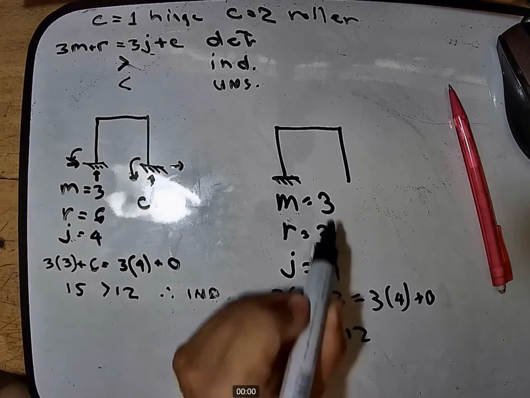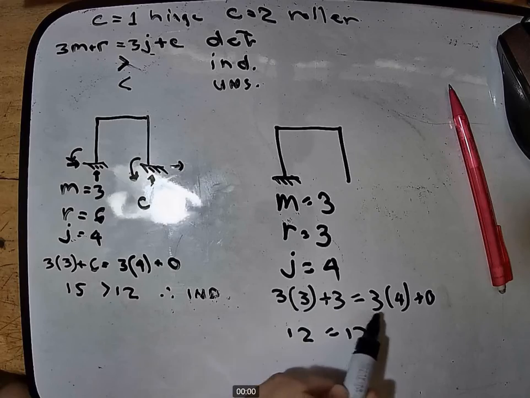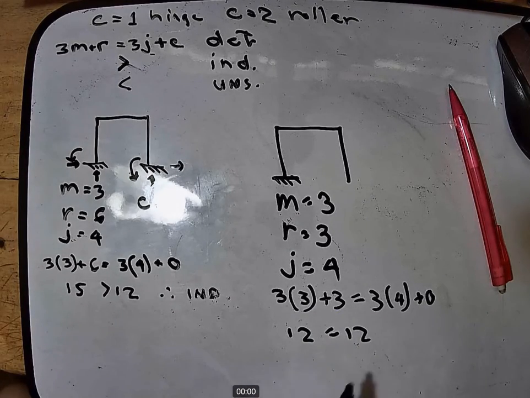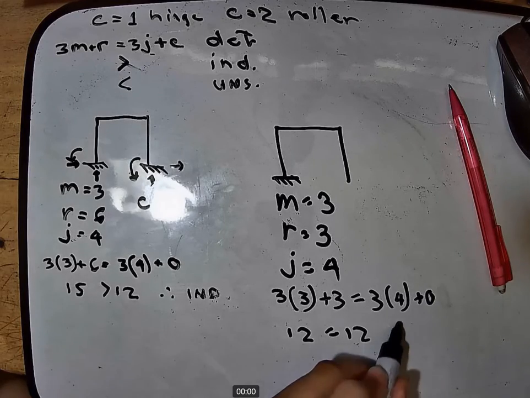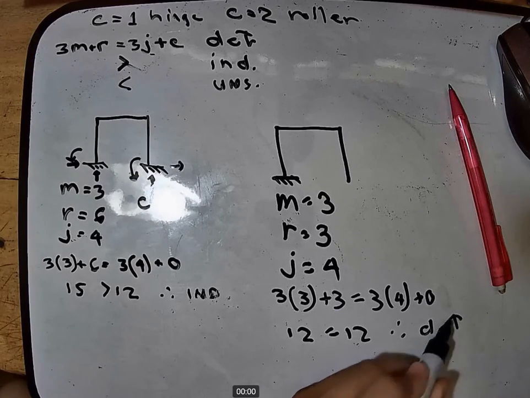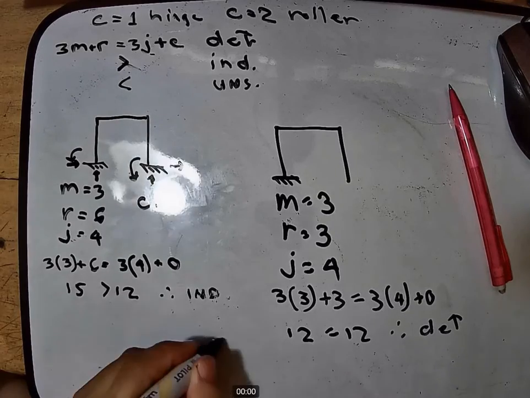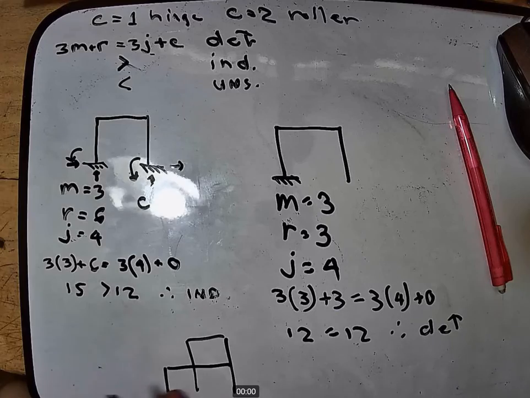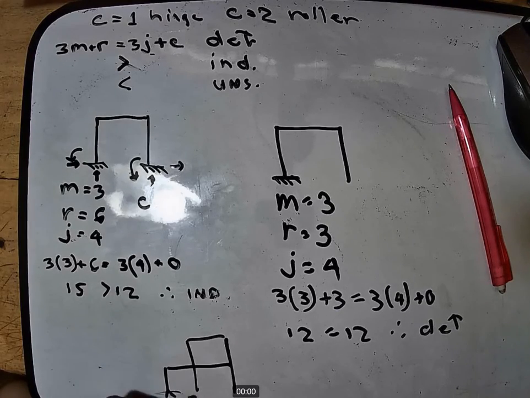So this becomes now 12 is equal to 12. Therefore, this is now determinate. What more, if your figure is like that, right? Even if you make that a pin, any figure, as long as beams and columns, it becomes indeterminate.